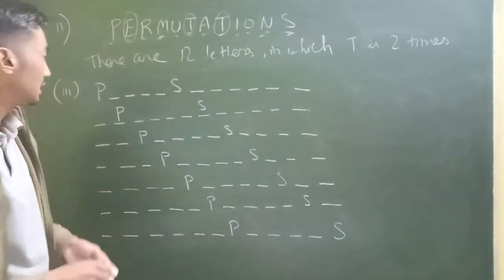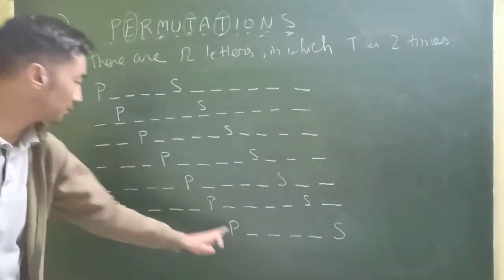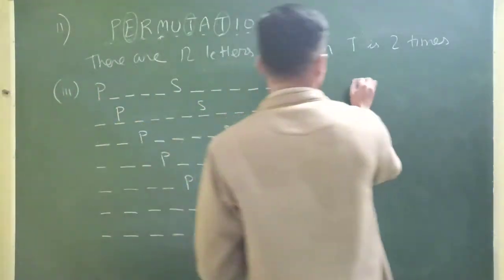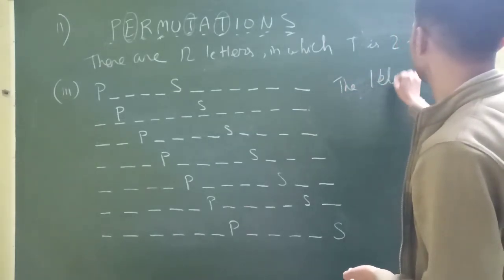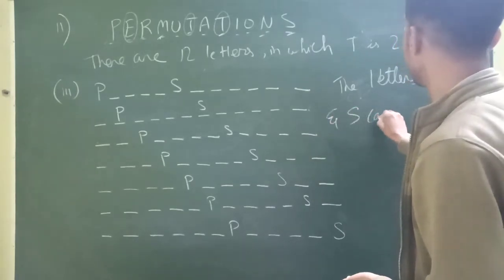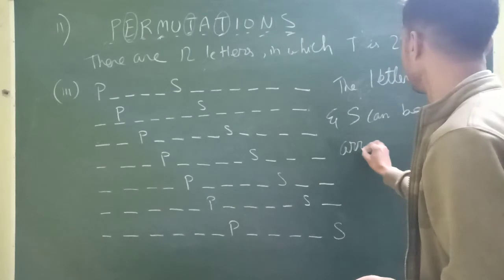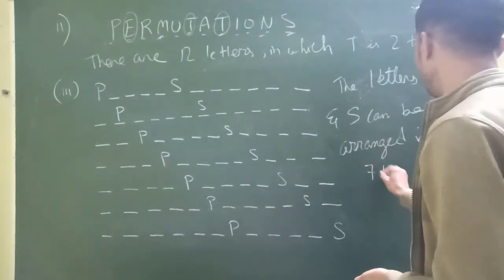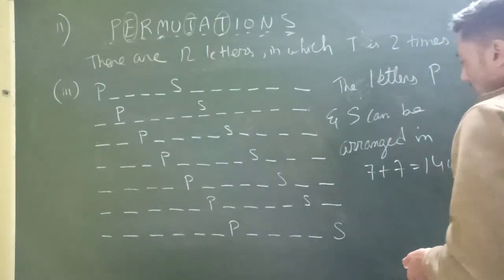Now this P and S can be arranged like this in how many ways? P can happen in 7 ways, S can occur in 7 different positions. So the letters P and S can be arranged in 7 plus 7, that's of course 14 ways.